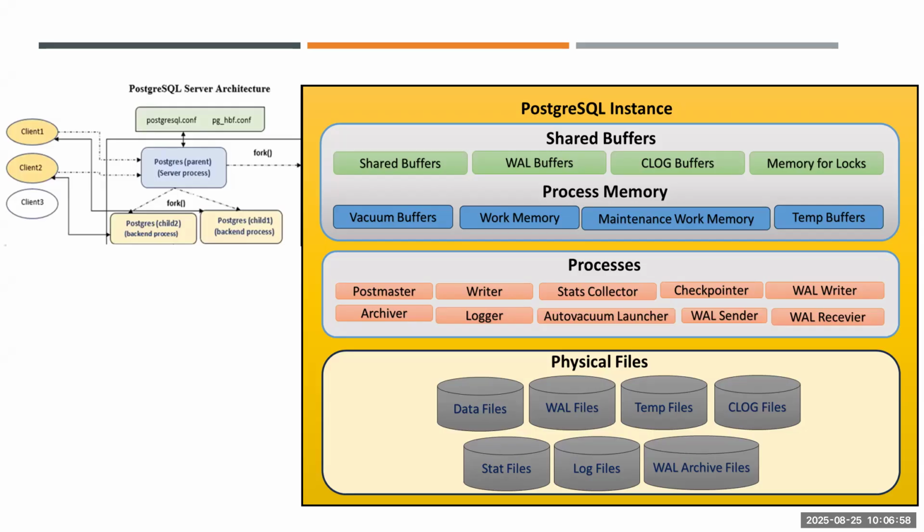As of now, our main concentration will be the buffer along with the physical storage, nothing but disk. We'll also discuss the backend process. Is it clear what we are going to discuss today? Yes, everyone?